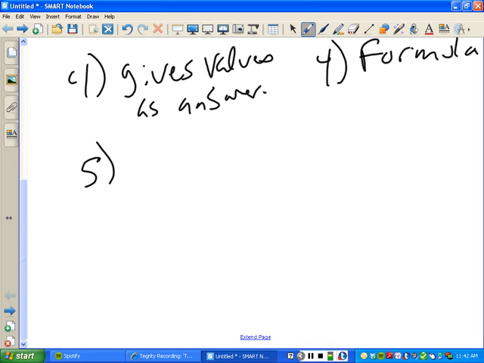Number 5. The empirical rule gives an approximate value.